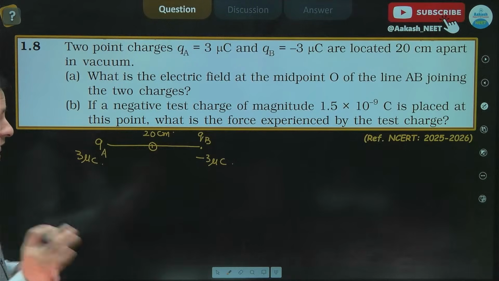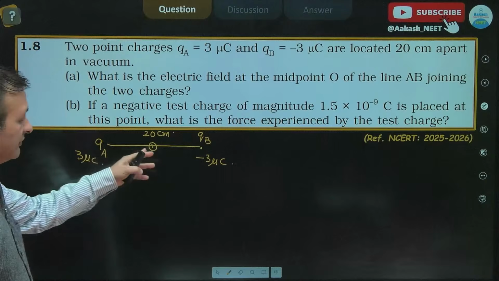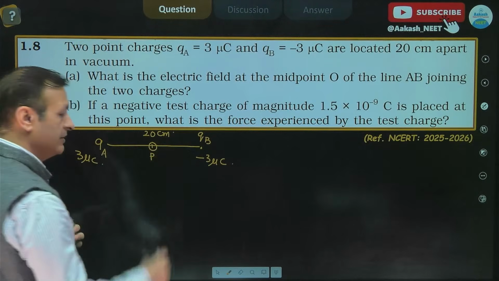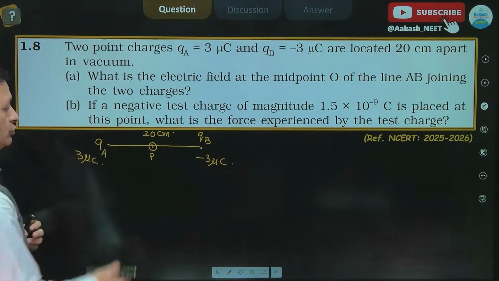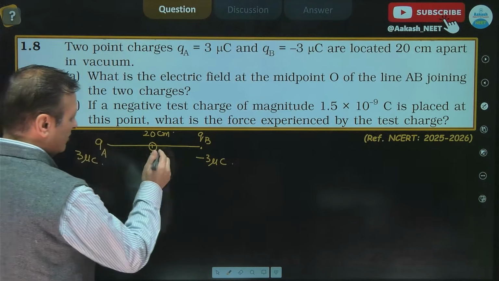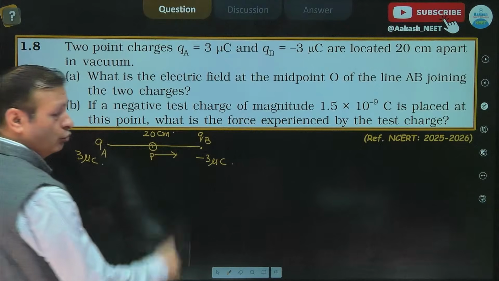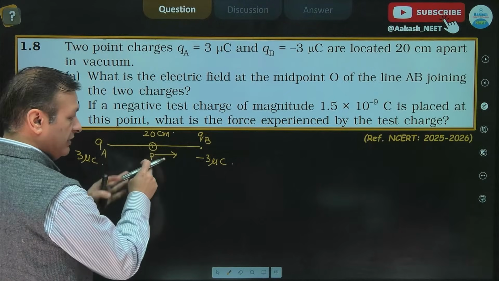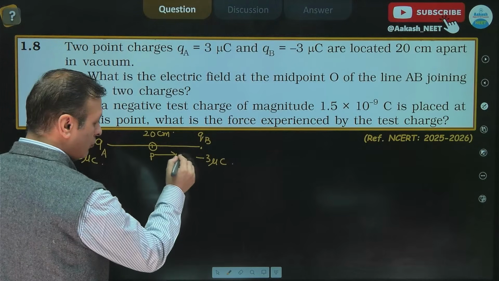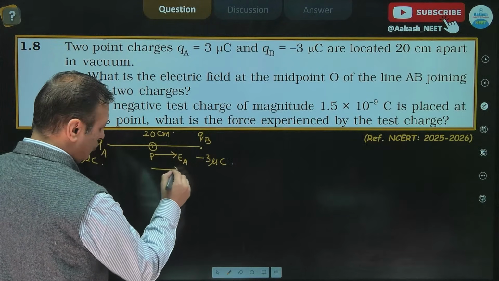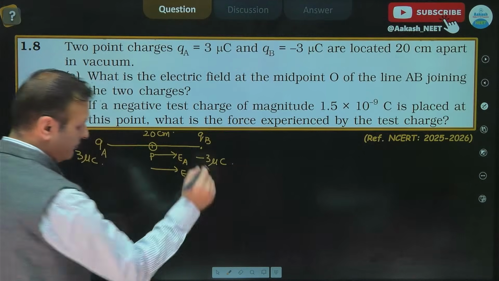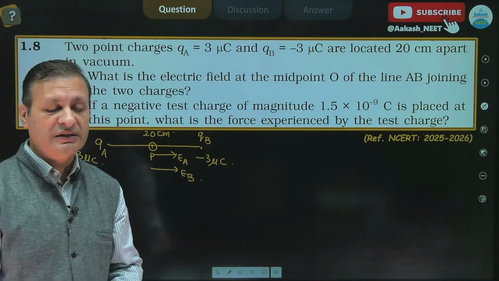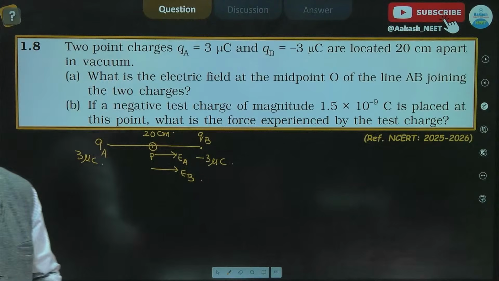As we have attempted earlier also, let's call this midpoint P. The electric field due to charge A would be radially outward, and the electric field at the same point P due to charge B would be radially inward. So both the electric fields are in the same direction. Do we understand?